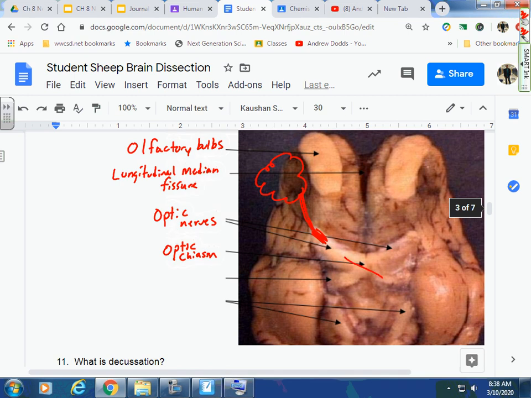That's this middle X part. Going back from that is the optic tract. And then you might have noticed on your brain these two structures here coming up like that, and those are the oculomotor nerves for eye movement.